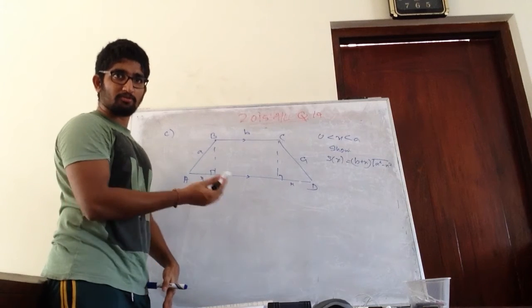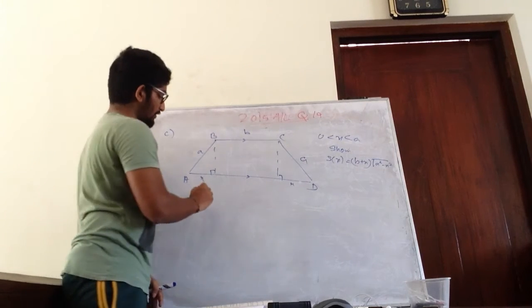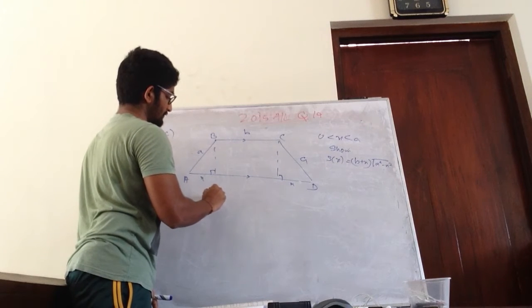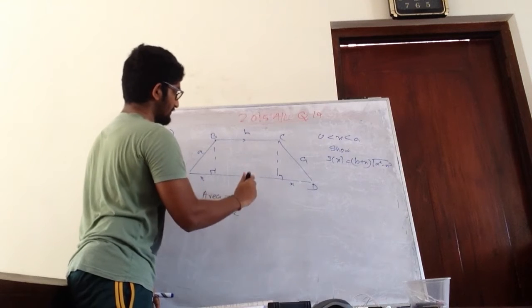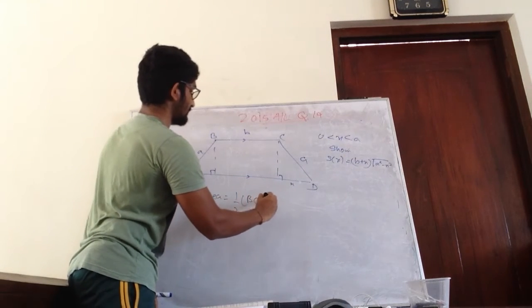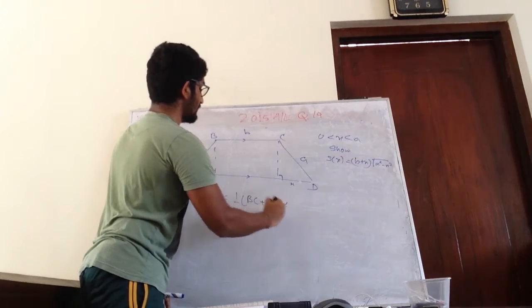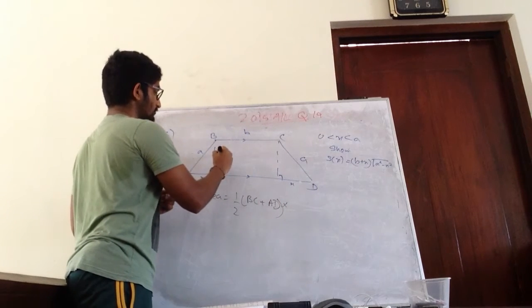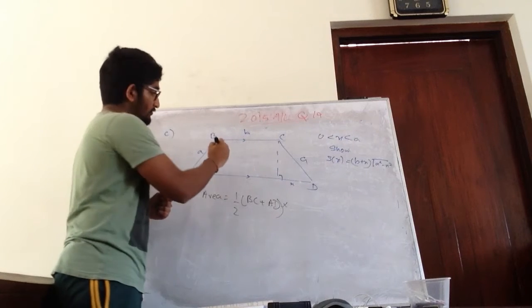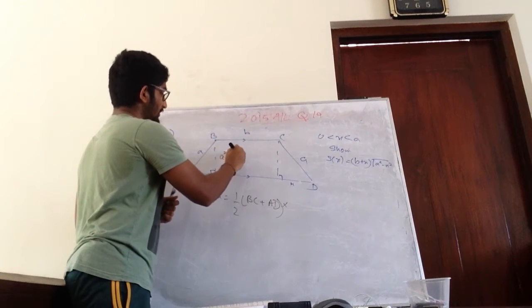You all should know how to get the area. So what is the area? Half the sum of the parallel sides, which is BC plus AD, into the vertical height. So what is the vertical height here? If this is a, and this is x, from Pythagoras, this is going to be the square root of a squared minus x squared.